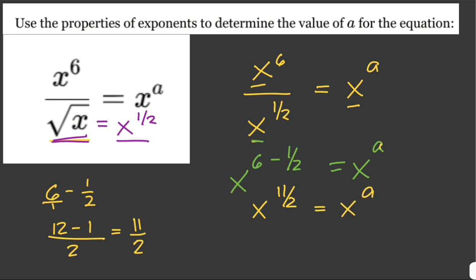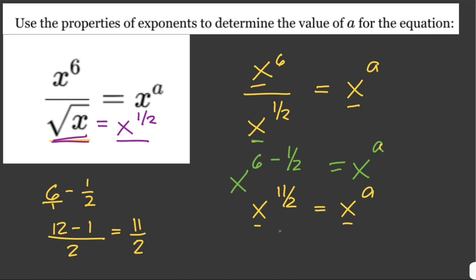Alright, so now how are we going to solve for a? Again, the bases on both sides are the same and they are equal to x. Then we can apply the property of equality for exponential equations, which says that when the bases on both sides of an exponential equation are equal, then the exponents must also be equal.